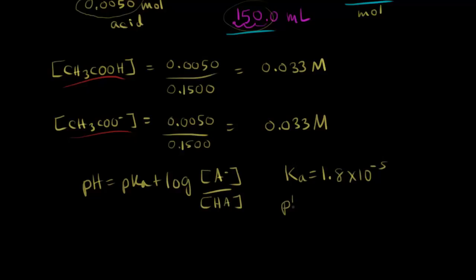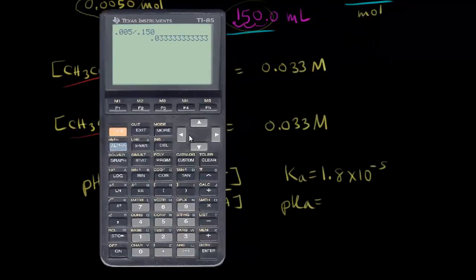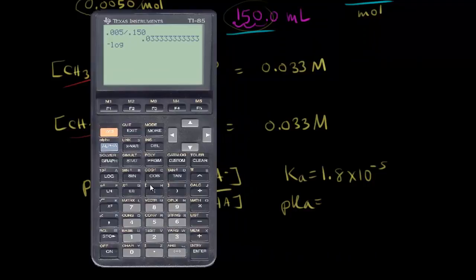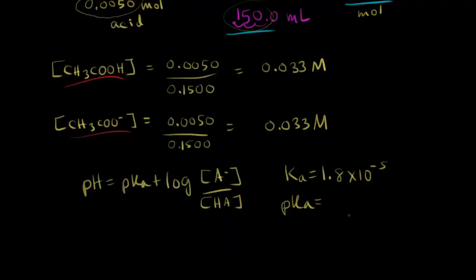So the pKa would just be the negative log of that. So let's take out the calculator. Let's take the negative log of 1.8 times 10 to the negative 5. And so the pKa is equal to 4.74. So let's write that down here. pKa is 4.74.